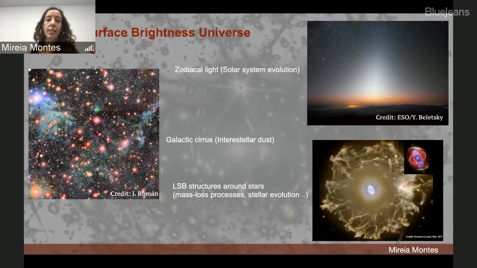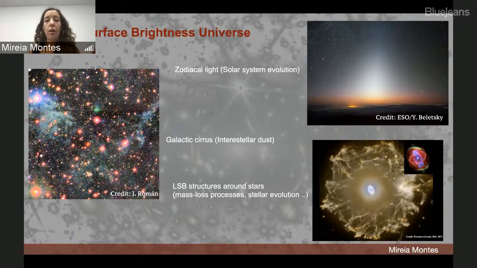However, this knowledge is biased towards the objects that you could observe. That means the brighter, so towards more massive galaxies. When we are referring to the low surface brightness universe, we are talking about the universe beyond what SDSS was capable to observe.